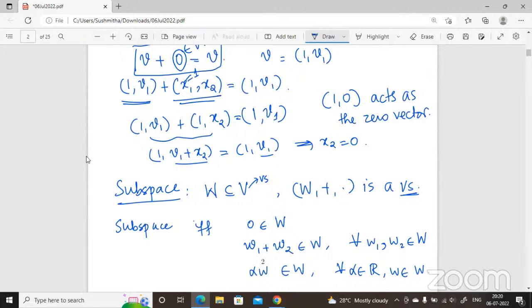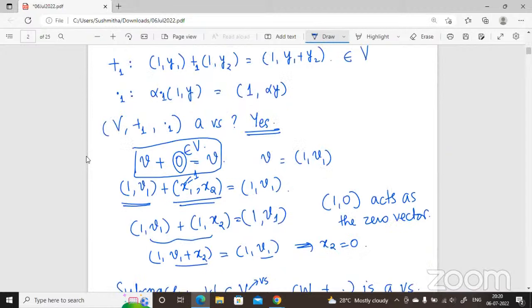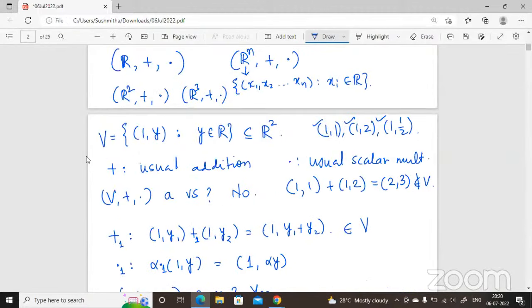In this case, if you're looking at a subset of this vector space, you need to check if (1, 0) belongs to that subspace. As per the definition, if it is (2, 0), then it does not belong to this space, so it cannot be a 0.